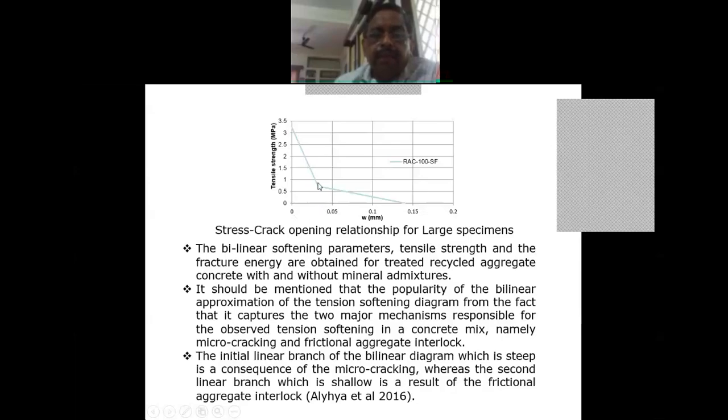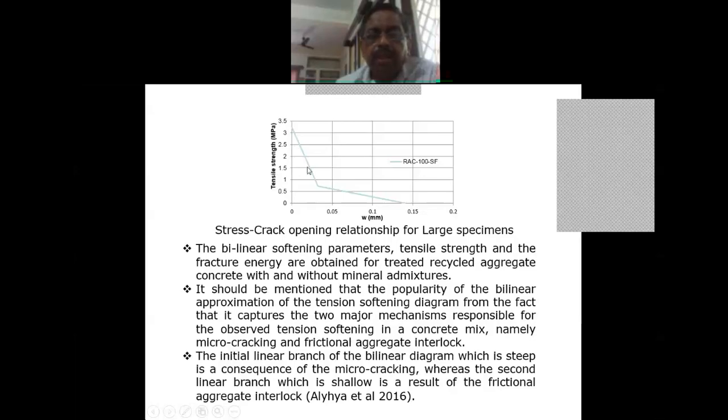So you can see that when we are using fly ash or silica fume, why has it improved? Because your W1 is improved compared to this. And when recycled aggregate alone is used, this W1 is reduced. That's why the microcracking is still happening in this interface zone. And that's why it is giving you this.